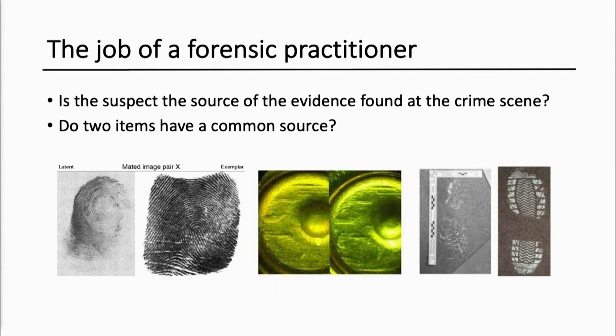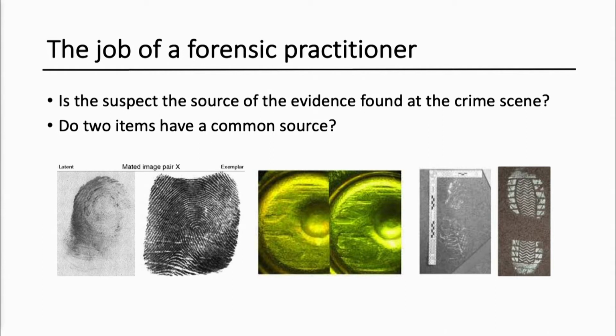What I'm showing you down there are 3 different cases. The first one is fingerprint evidence, and you have some smudged latent print found at the crime scene. Then you have this perfect print from the suspect, and the question is, did the suspect leave that smudged print at the crime scene?